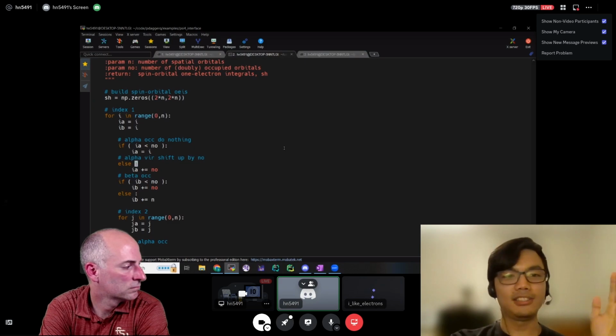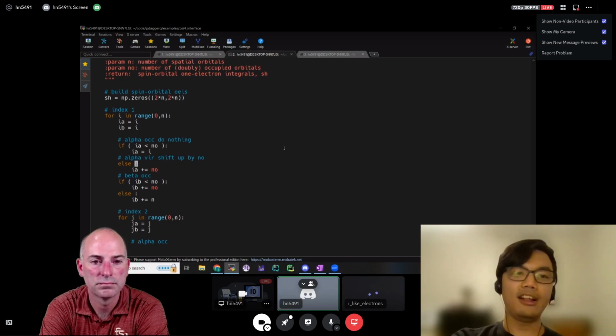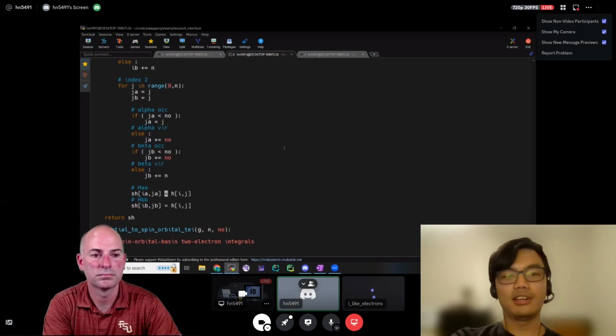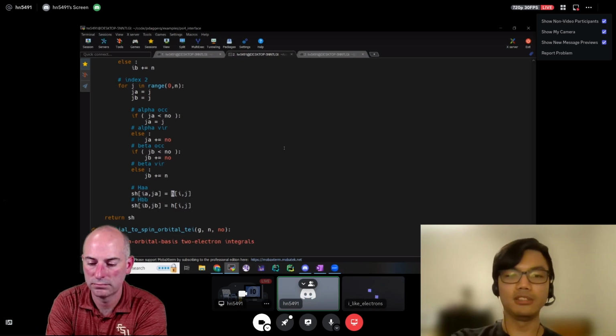And there's a logic that checks whether your index is in the alpha or in the beta range, and then you assign at the end of the day the proper blocks based on your spatial orbital.